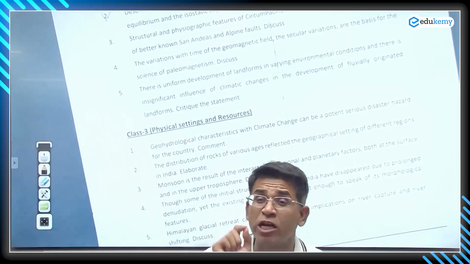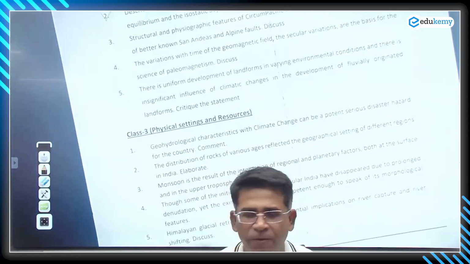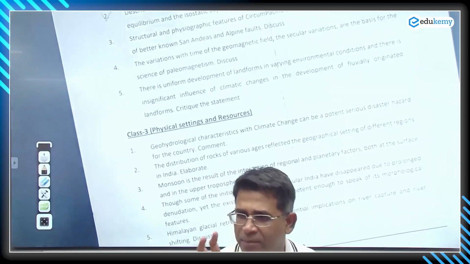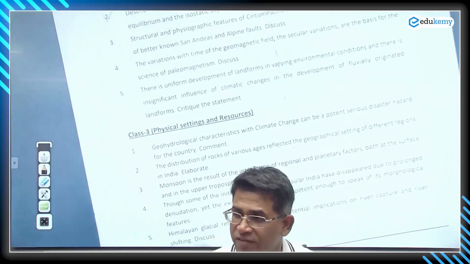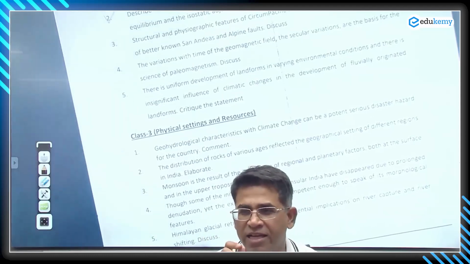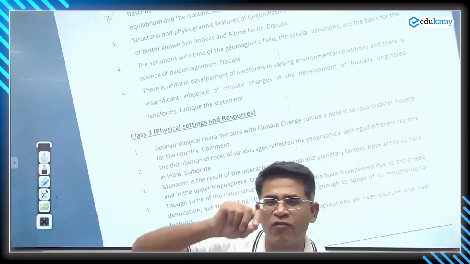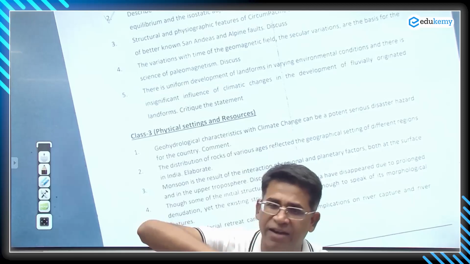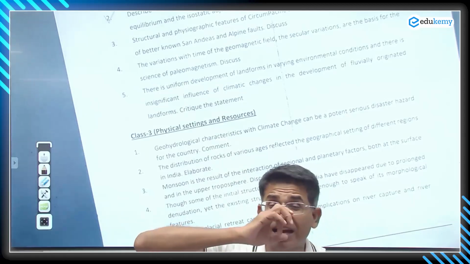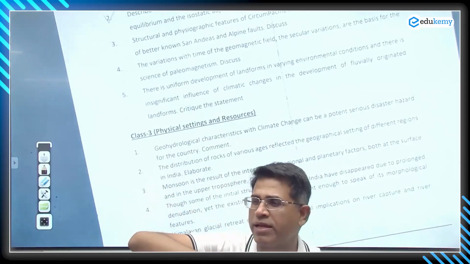All the denudation processes, weathering हो, erosion है, deposition है, the role of rivers हैं, the role of glaciers हैं, they essentially are the consequence of atmosphere's interaction with the land, where climate has a very important role to play.